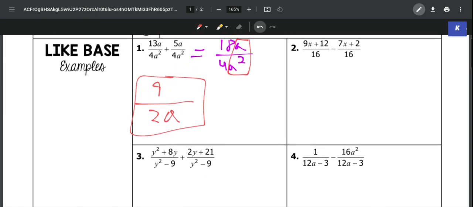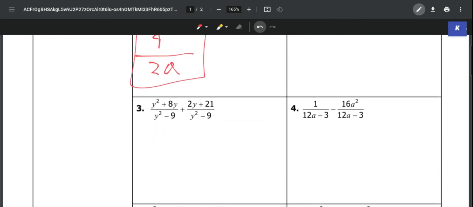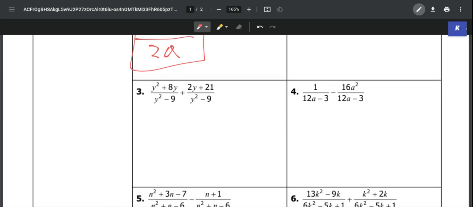So we're still adding here, which these don't really change when adding or subtracting with the common base. We've got the same denominator, so that means all we've got to do is add the top and then keep the same denominator. So when we add the top, we'll get y squared. We'll take positive 8y plus 2y, which will give us plus 10y.